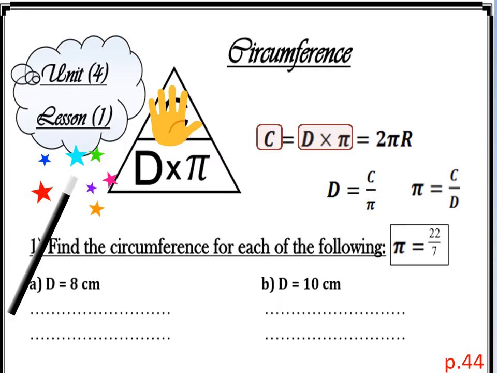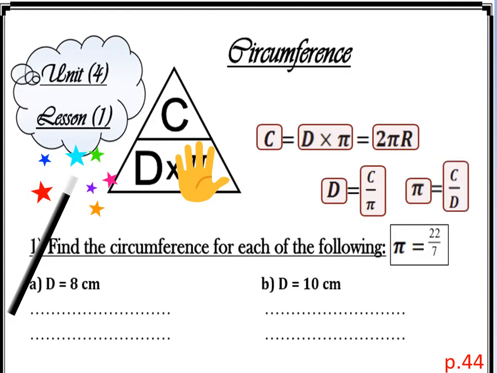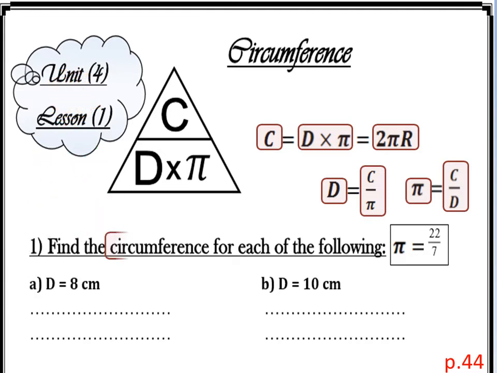If we ask about the diameter, we hide the D, so it will be C over pi, or C divided by pi. When I ask about the pi, we hide the pi, and it will be C over D. And now let's find the circumference of each of the following when the value of pi is 22/7.